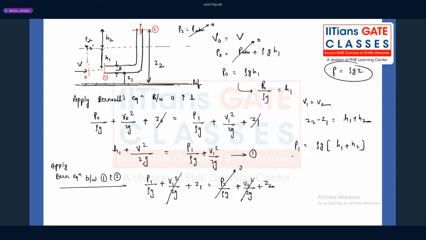So if you put it in equation number 1, H1 plus V square over 2g is equal to H1 plus H2 plus V1 square over 2g. So this will cancel out, and here you can get V1 as under root of V square minus 2g H2.